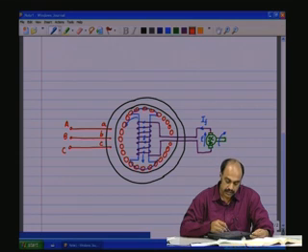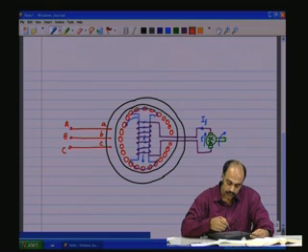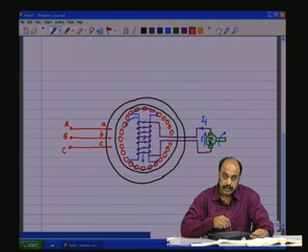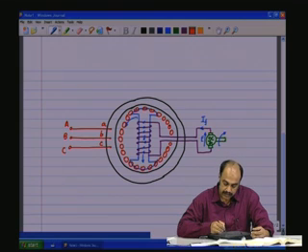Now once the machine has picked up like an induction motor and come almost close to its full speed, the excitation of the DC generator is cut in by a centrifugal switch, let us say.